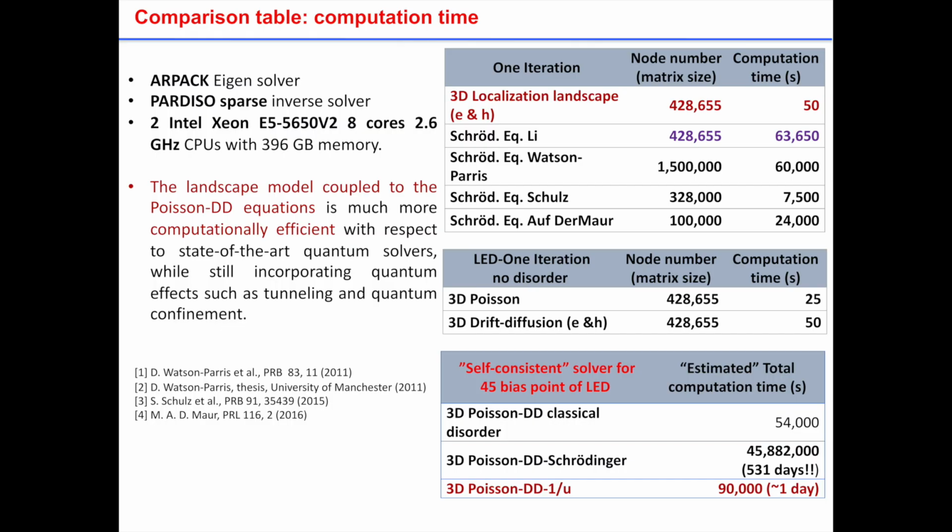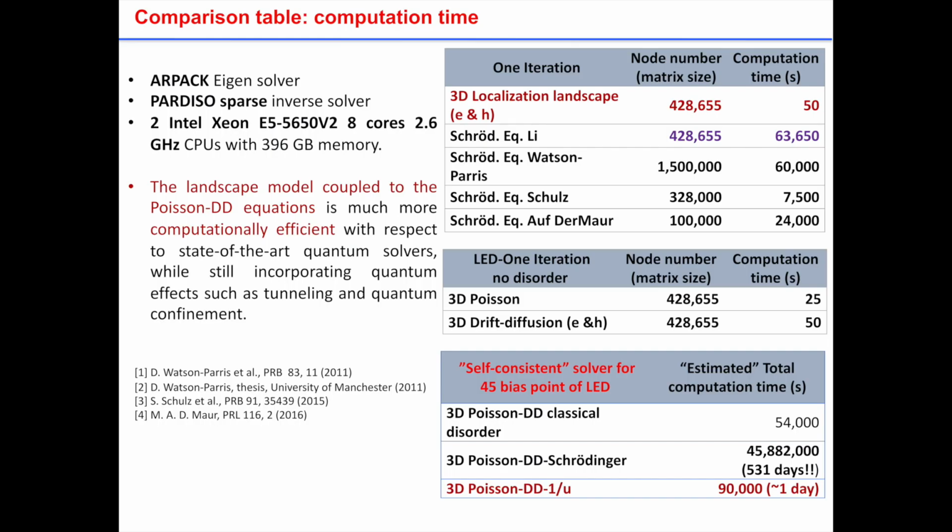Just to show you a few things more about the computation times that Marcel mentioned. When you look at one computation of energy levels in a plane, it takes 50 seconds with the localization landscape, and when you try to solve the Schrödinger equation, typically it's a few hours to 1 day.